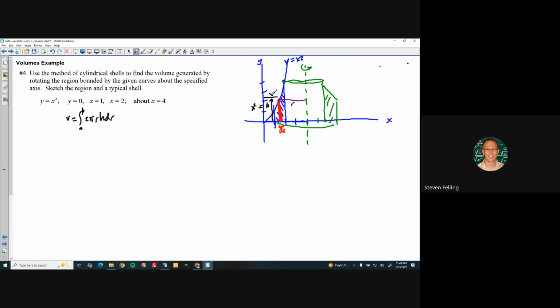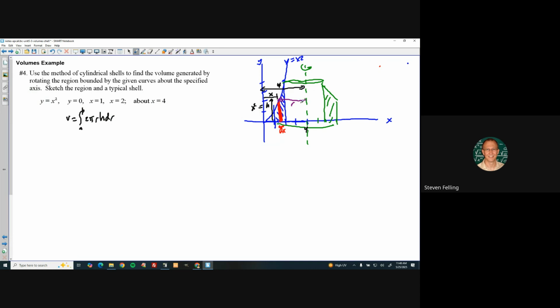This distance here is the current x for the rectangle we're on, right? But this r is this distance, not this distance. So there's another distance involved, and that's this distance. This distance is 4, right? Because we're rotating about the axis x equals 4.